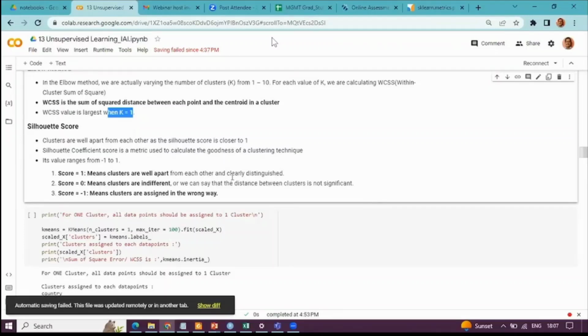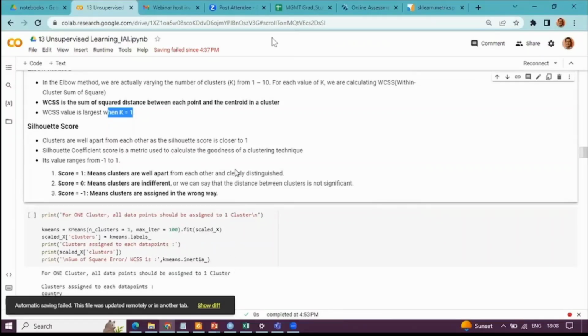The clusters are not at all well separated, because between the clusters the distance is 0, whereas within the cluster the distance is very high. So the difference between these two would be very negative, right? And that is where we can say that the minimum value of the Silhouette score comes in, which is -1.